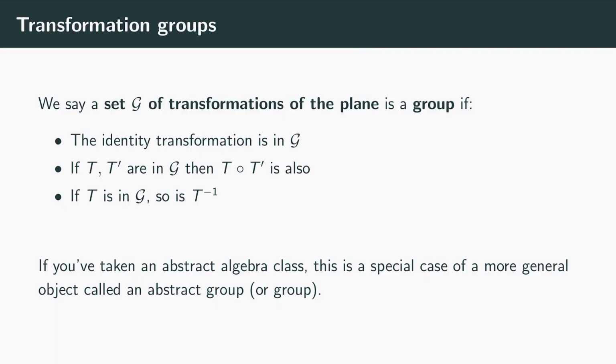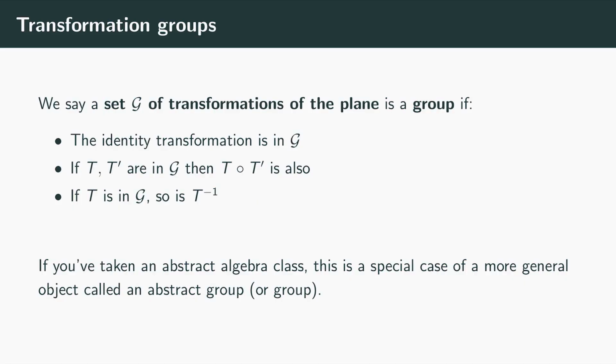Now let's introduce the notion of a group of symmetries. So a group of symmetries is a special kind of set of symmetries. We say a set, here script G, of transformations of the plane, we call this set a group if it satisfies the following three properties.